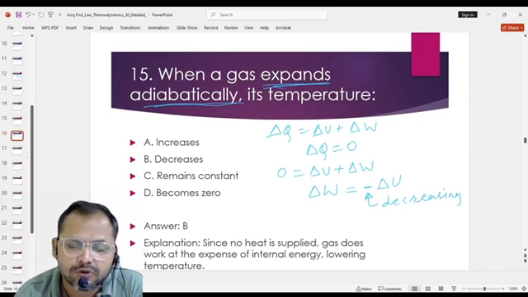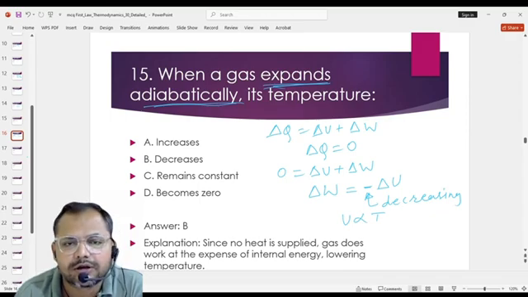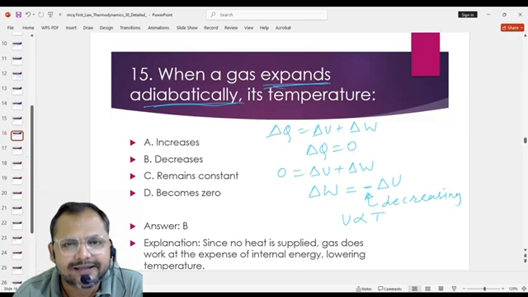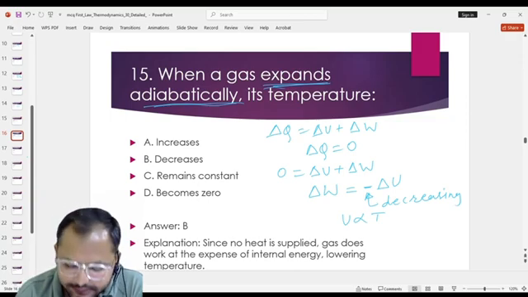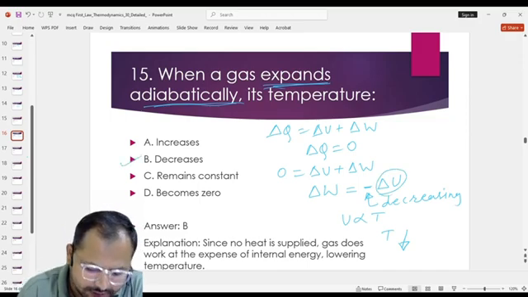Because internal energy is directly proportional to temperature, if internal energy is decreasing, then temperature is also decreasing. So option B is the correct answer.